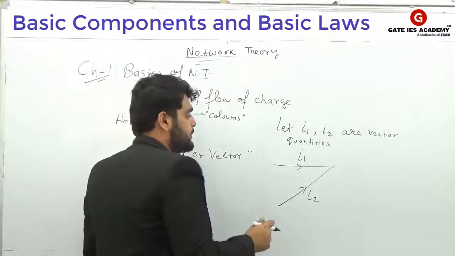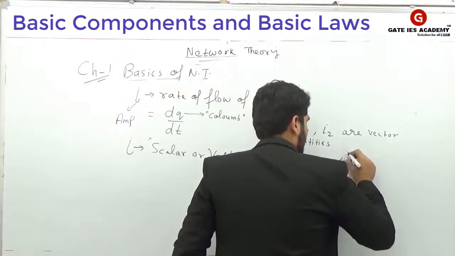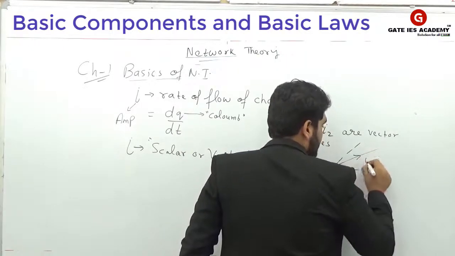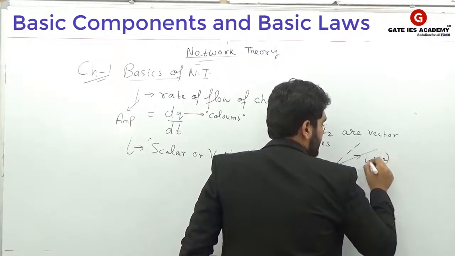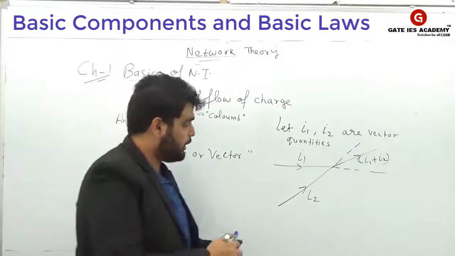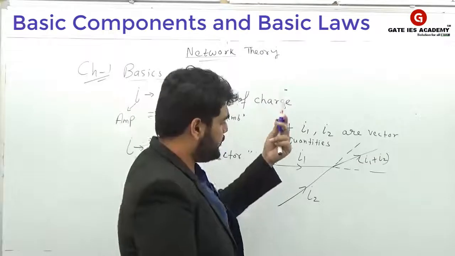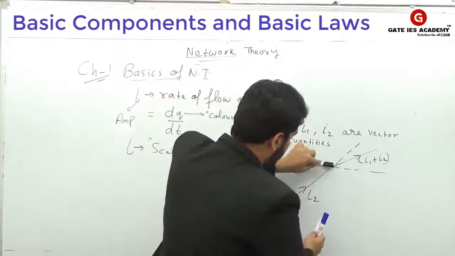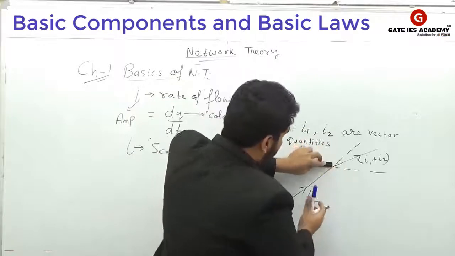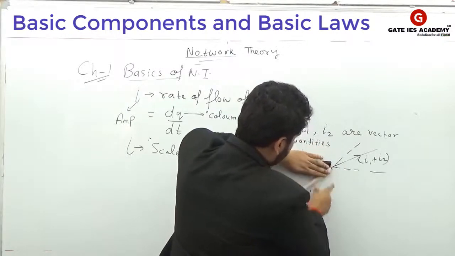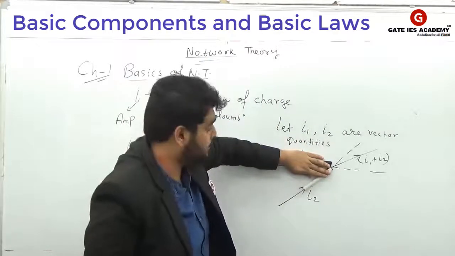Now, if I add up these two currents, according to the parallelogram law of addition, this will be the direction of current I1 plus I2. Now check it. Through this I have I1, so I1 is flowing here. Through this I have I2 flowing here. In these two pens you can see two markers.